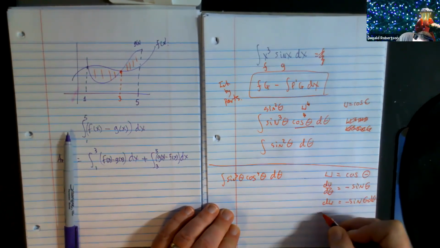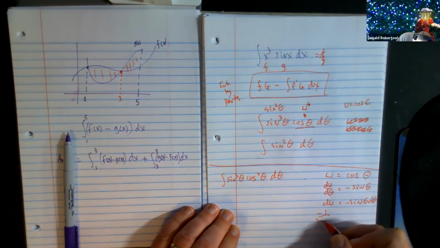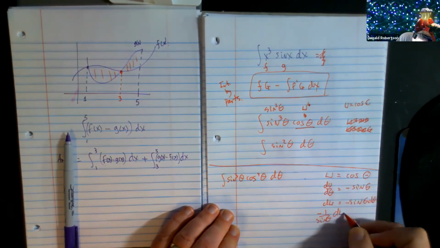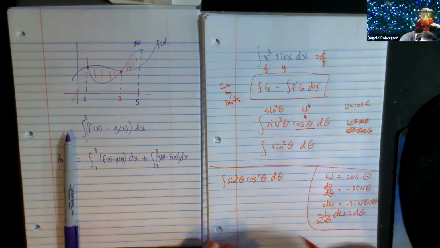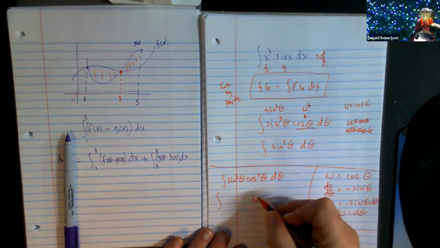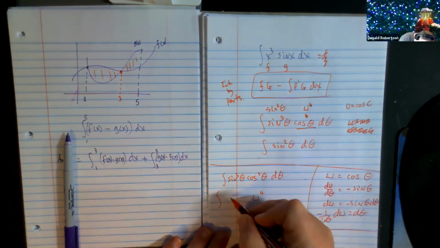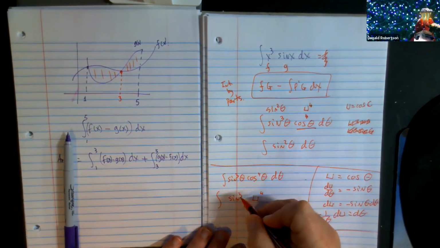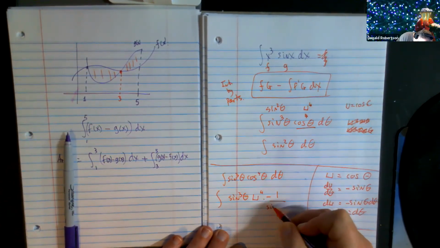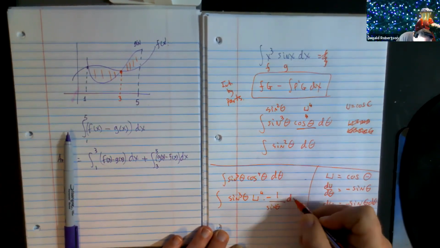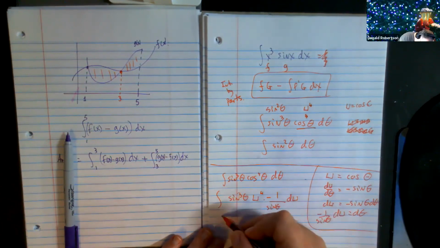And when I said you use up one of the sines, I'm talking about what's happening here. So what do I get? I get a u to the 4. I have a sine cubed theta. I have a -1 over sine theta du, and I use up one of the sines.